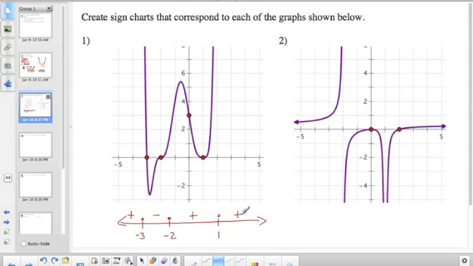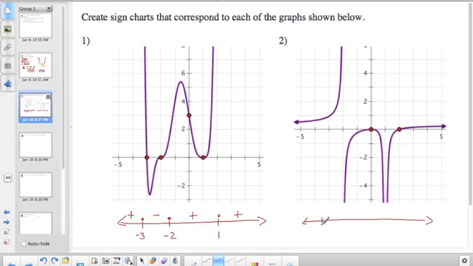Now number 2 is a little different in that we also have some vertical asymptotes to deal with, and we need to include those because we know there are different behavior changes at the asymptotes.